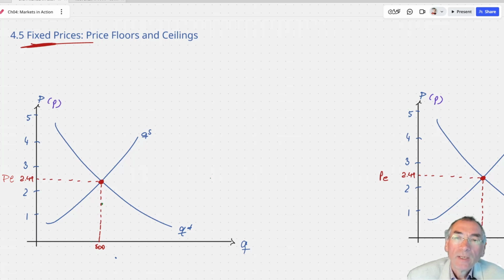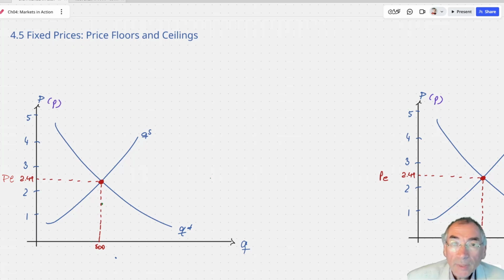We don't leave price determination to the market, but an authority says the price has to be either exactly this, or, more common in reality, price floors or price ceilings. Another name is minimum price and maximum price. Typically it's a government regulation that says the price must not be lower than this, or must not be higher than this.